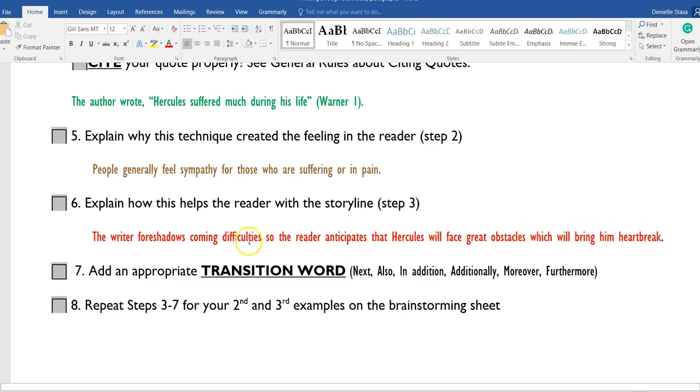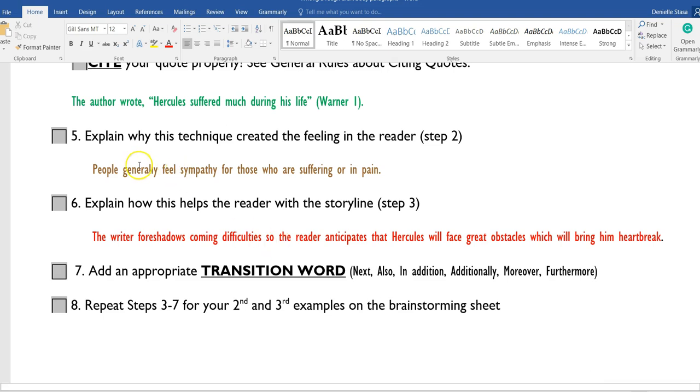So you'll notice that I wrote it a little more formally in my paragraph for my essay than I did on my brainstorming sheet. That is something you want to work towards. So on your brainstorming sheet, it's kind of training a thought. You're writing down your thoughts at the time. But when you put them into your actual paragraph, you want to try and use more academic vocabulary and write it in a more formal style.